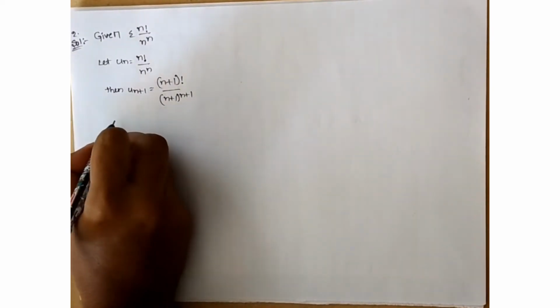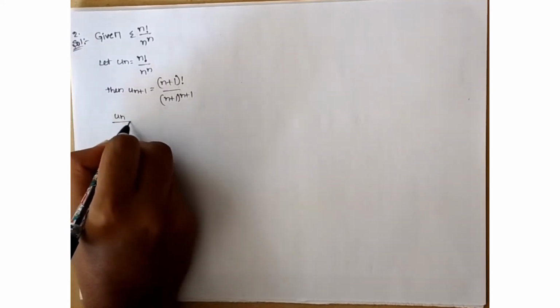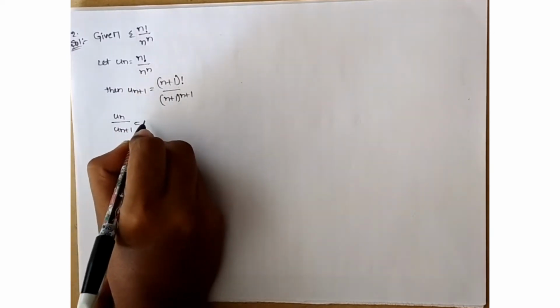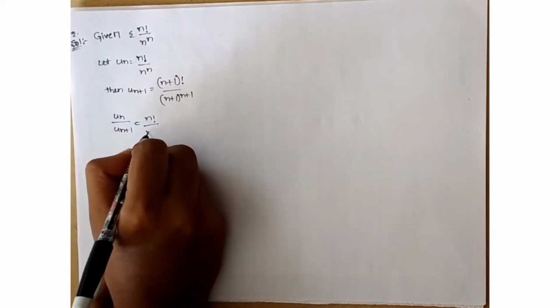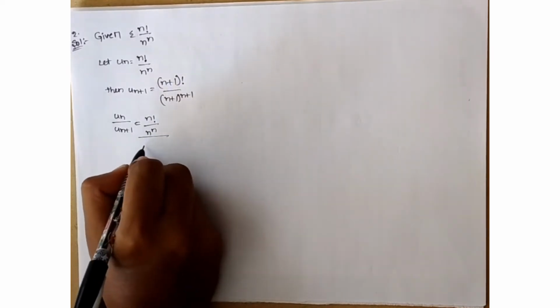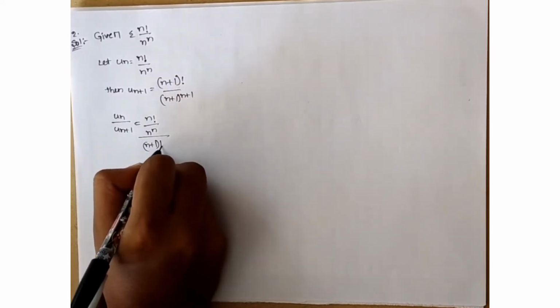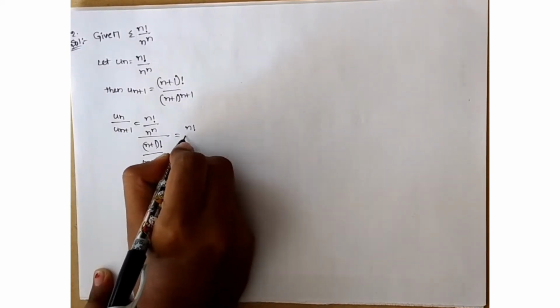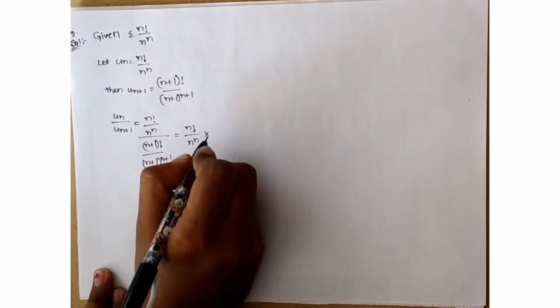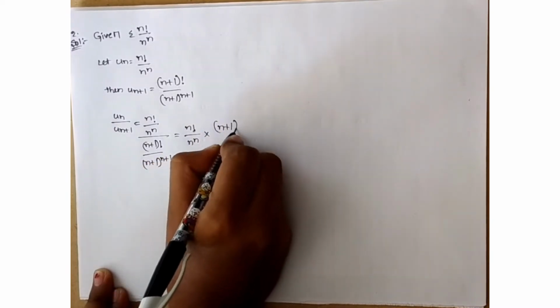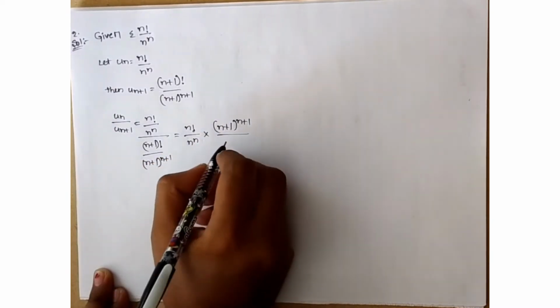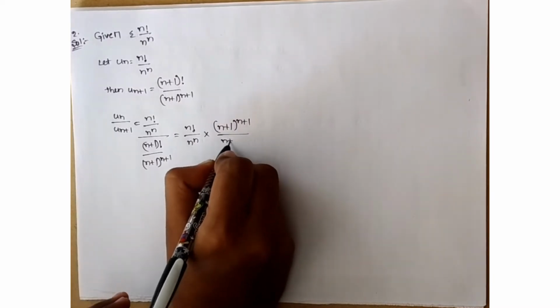For this we take Un by Un plus 1, that equals n factorial by n power n, whole divided by n plus 1 whole factorial by n plus 1 whole power n plus 1. Then that equals n factorial by n power n into n plus 1 whole power n plus 1 by n plus 1 whole factorial.